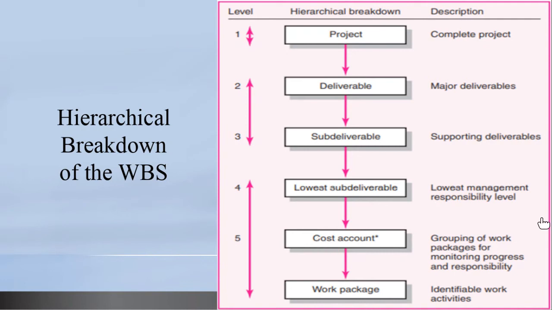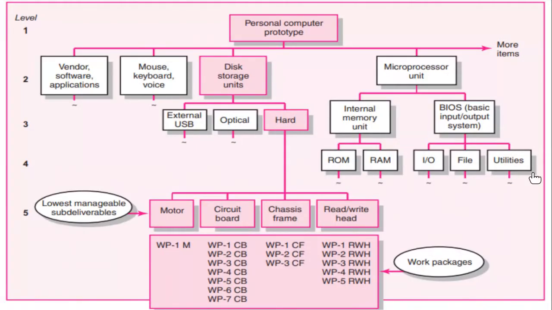Now, in a simpler form, let us look at the next slide. So we have a project, and the name of that project is personal computer prototype. Essentially, there is a team that is developing a prototype for a personal computer. So this is your end product. That is your level 1. This is the project.